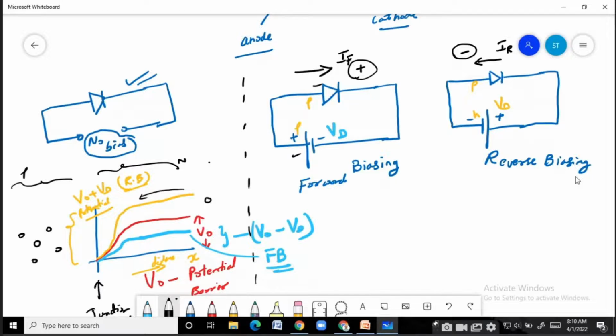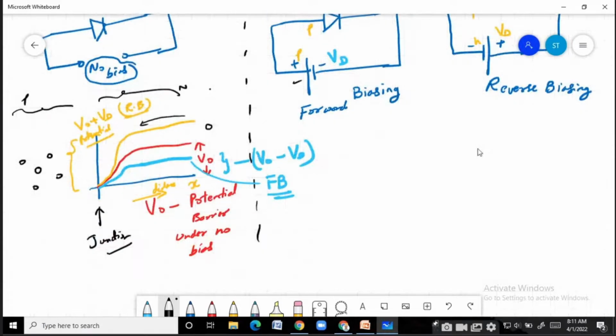Then you saw what happens when you apply a bias and what its effect is on the potential barrier. As you can see in this figure, the red colored curve is represented by V naught.